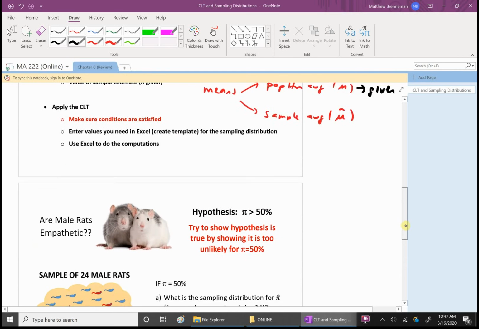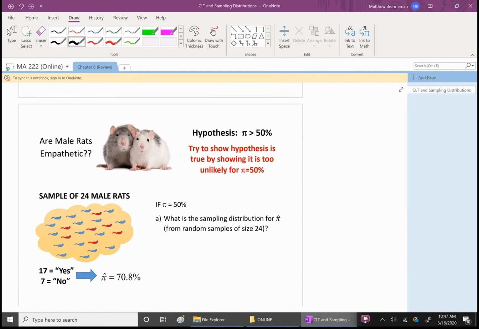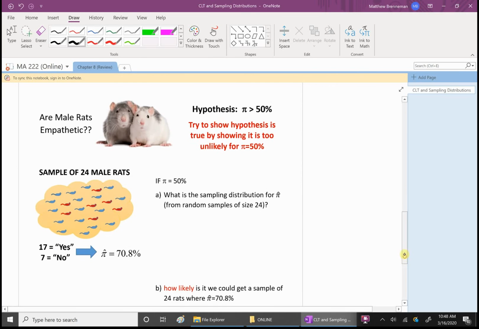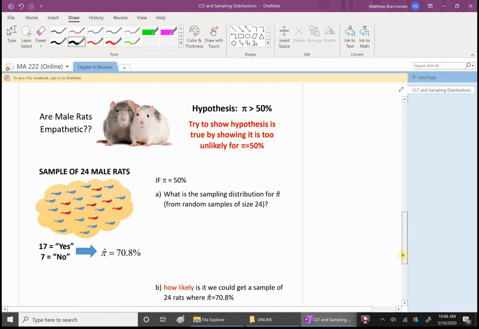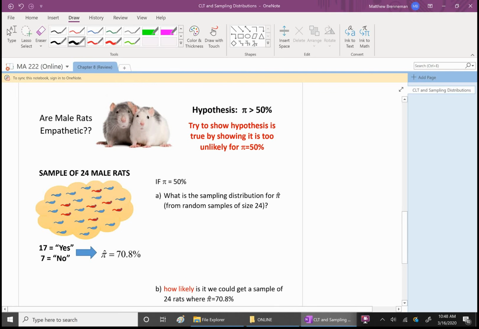So one thing I want to do before we move on and work problems is I just want to go back to this male rat empathy problem and just kind of illustrate how this all ties together. So we asked this question, are male rats empathetic? And recalling that statistical questions are always questions about parameters, we defined this parameter pi, which is the percentage of rats that would open the door to let a caged rat out.